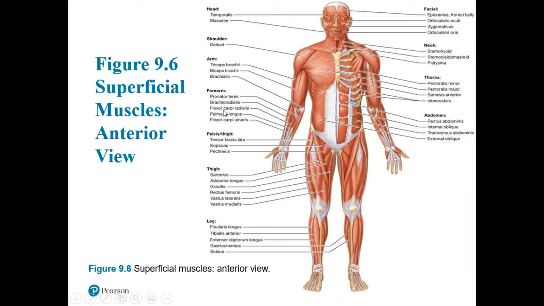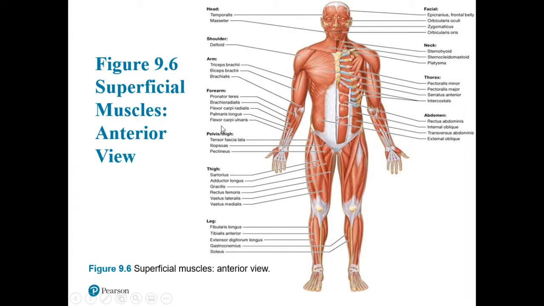So flexor carpi radialis originates on the radius, and then it inserts onto the carpal bones of your wrist in order to flex that wrist. It also allows you to grab stuff, because of the action of all these muscles, but mostly the flexor carpi.